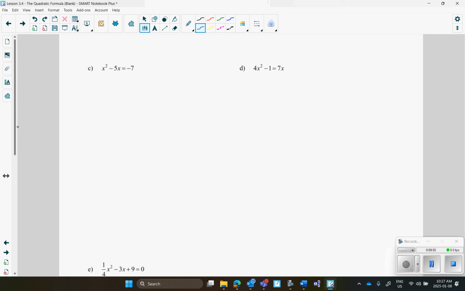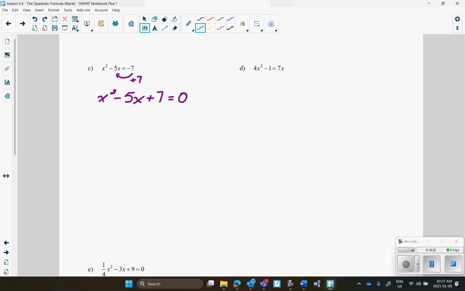This next one. What's wrong with this next one to start? Yeah, remember, we've got to have 0 on one side, so I have to move this over by adding 7. So I'm going to get x squared minus 5x plus 7 equals 0.